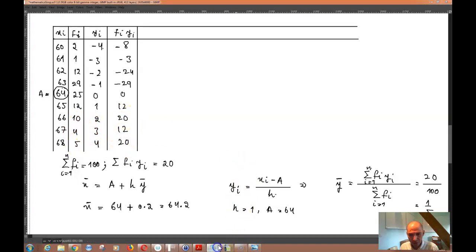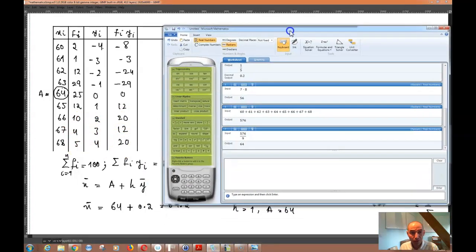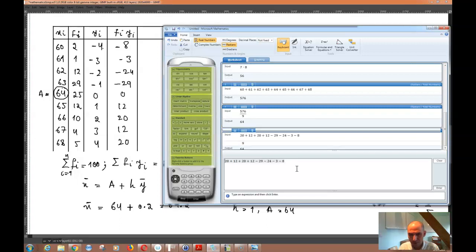And the sum of these numbers is what? The sum of these numbers is 20 plus 12 plus 20 plus 12 minus 29 minus 24 minus 3 minus 8, which is equal to 0. That's supposed to be equal to 0.